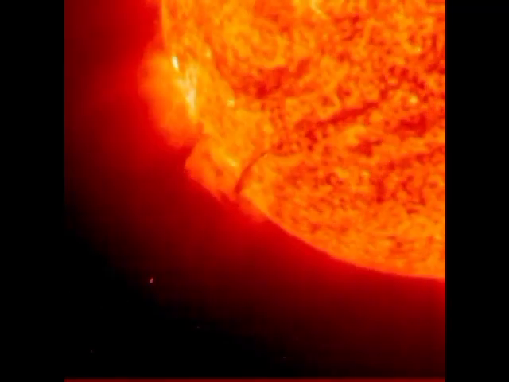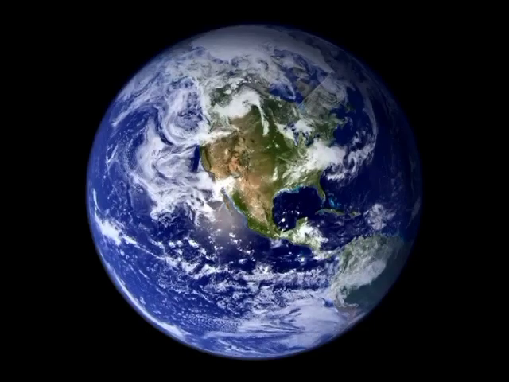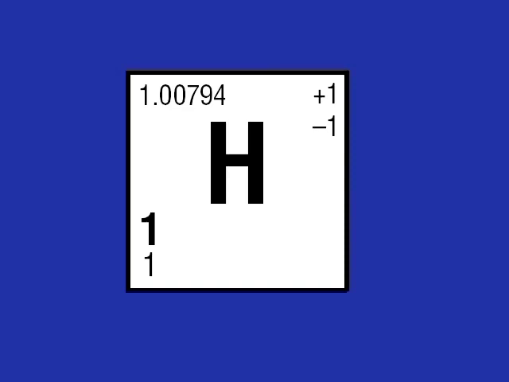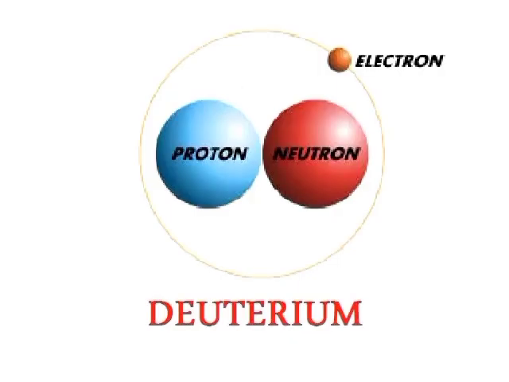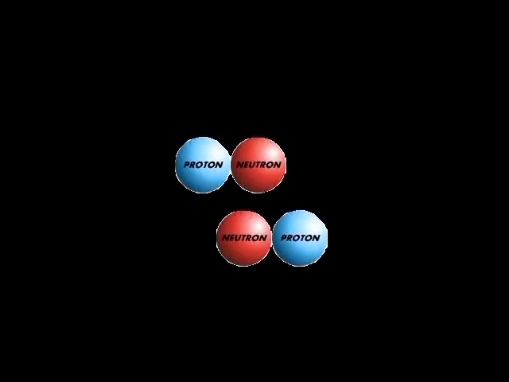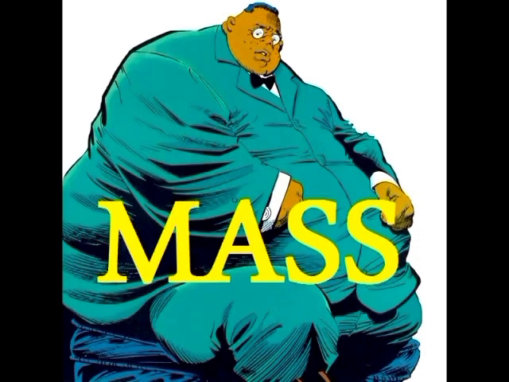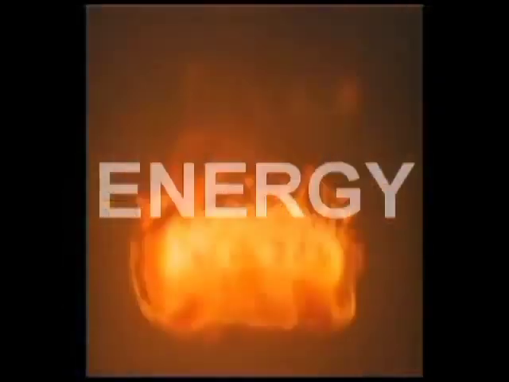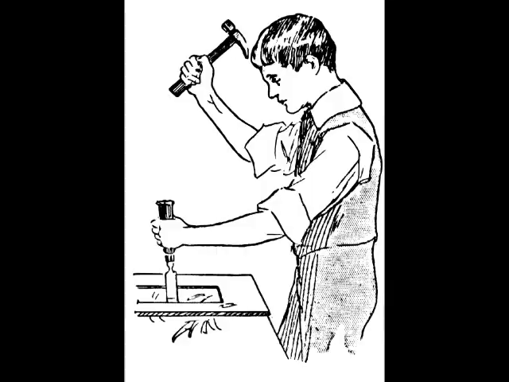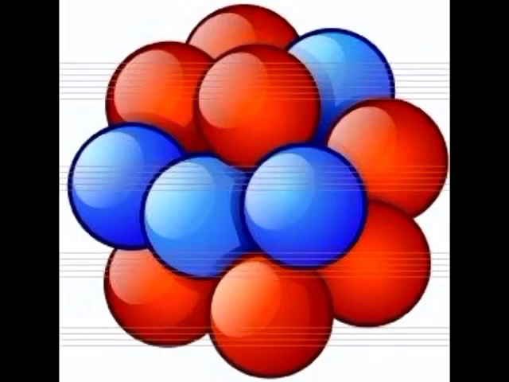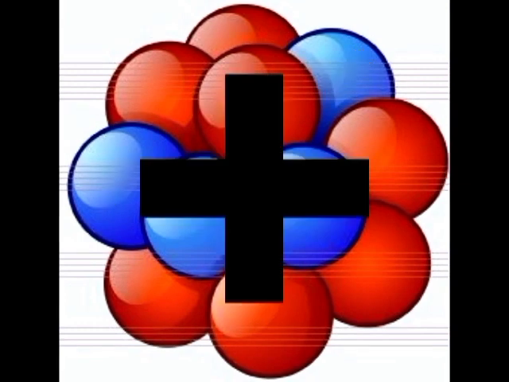Fusion, fusion, like the sun. Energy for everyone. Hydrogen has isotopes like deuterium. When they come together, they can make helium. The process does create lots of energy from mass. But to make this work, it must be hotter than a gas. Nuclei have protons and are thus positively charged, so they repel each other, especially when they're large.